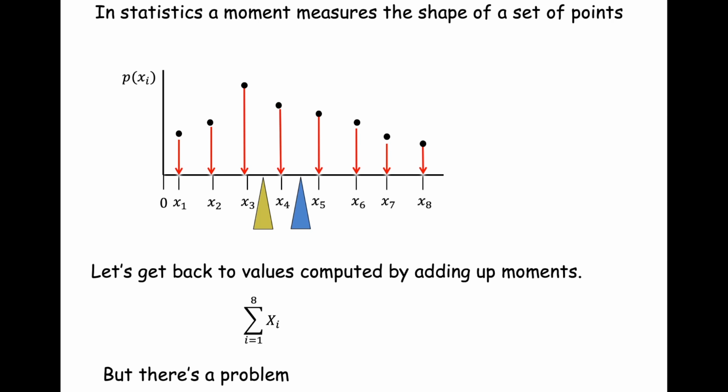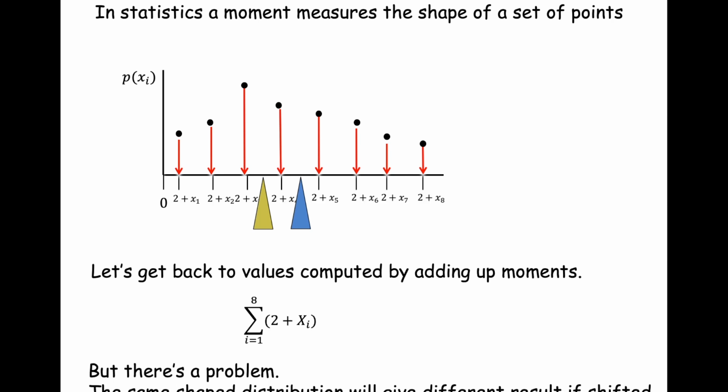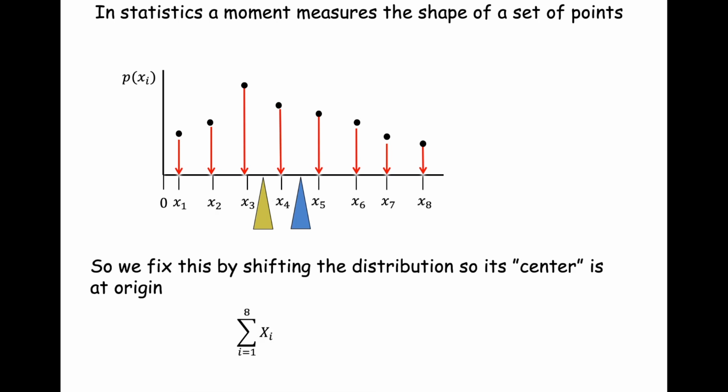Well, the problem is that if you shift things by adding the same value to each one, you're going to get a bigger sum. The same shape distribution then will give you a different result just by shifting it, and that's not a good thing. So you fix this by shifting the distribution so that its center is aligned with the origin.